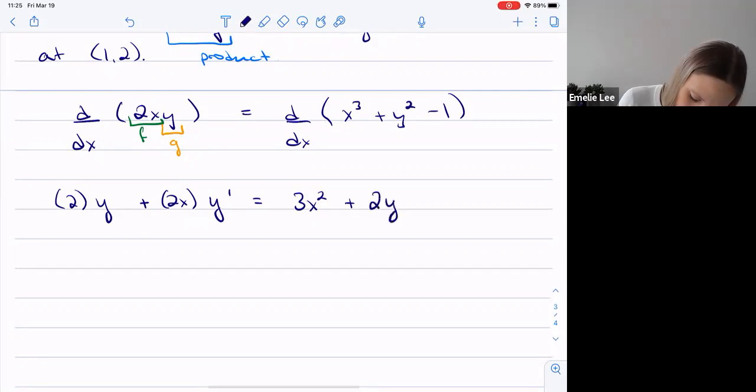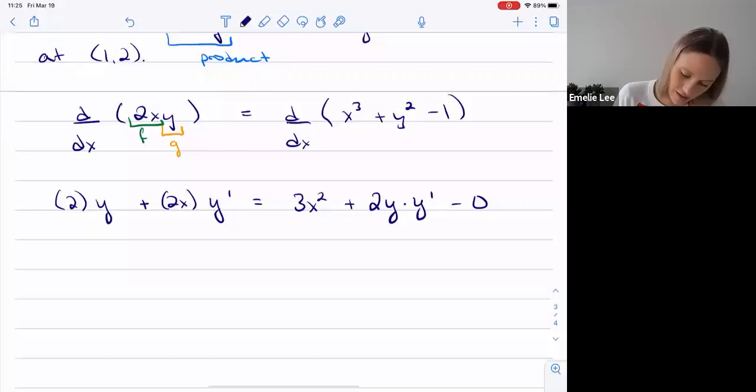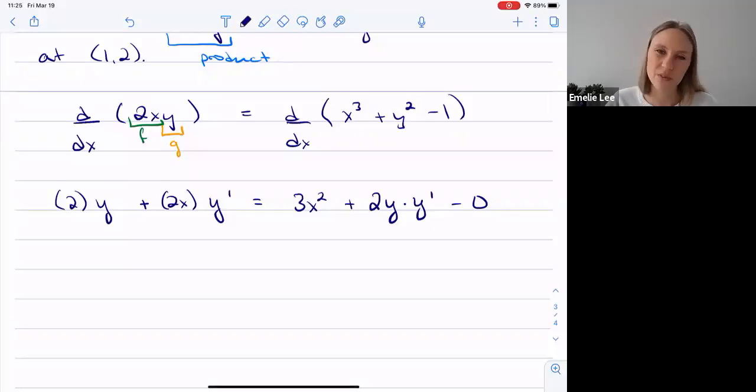So we get 2y times, and then we have to tack on that y prime. And then, of course, the derivative of minus 1 is 0, so minus 0. You don't have to write it out, but sometimes it's nice to see where stuff went.